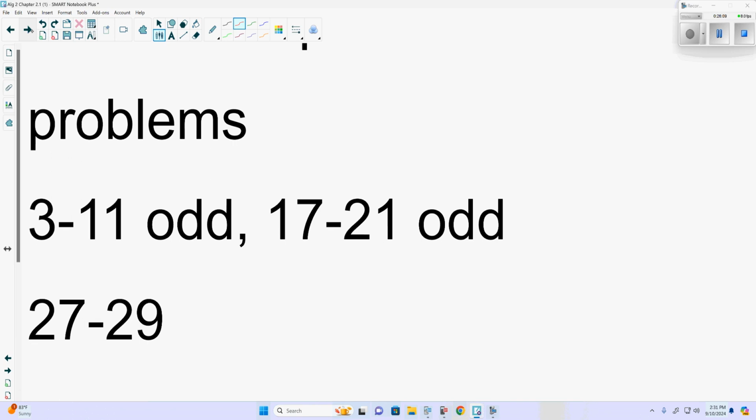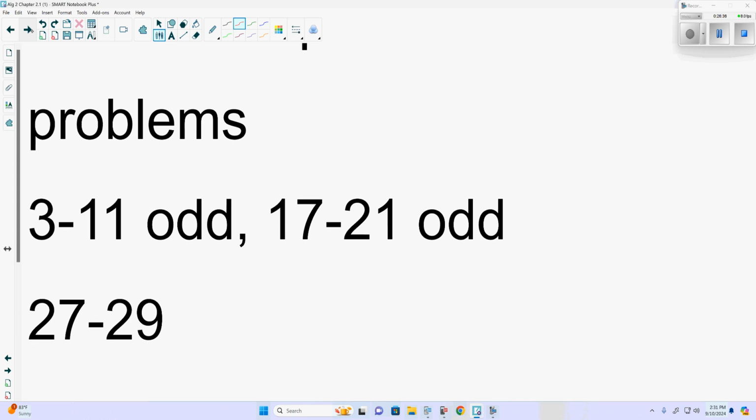So those last 3 we will do tomorrow. Oh, those last three. Yeah. So which ones are that? 27. All of this is what we did. Yeah, so 3 through 11 odd, 17 through 21 odd, 27 through 29 is everything we did today. 3 through 11 odd, so 3, 5, 7, 9, 11, 17, 19, 21.